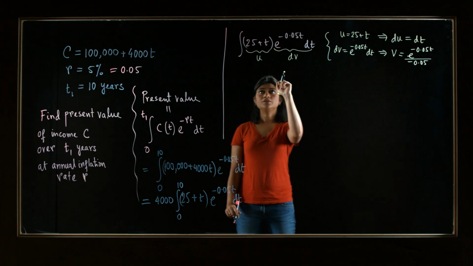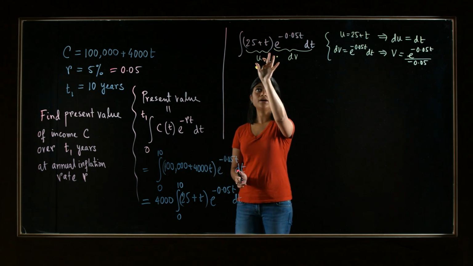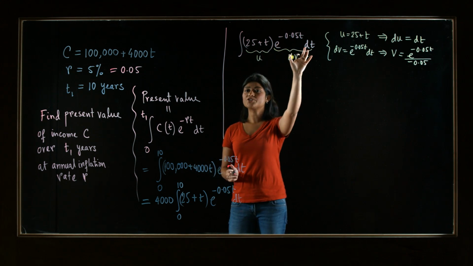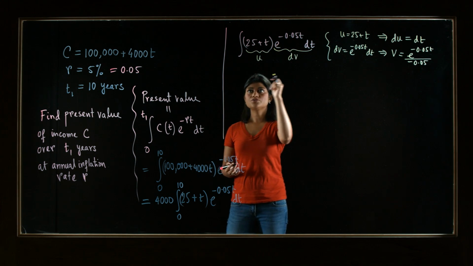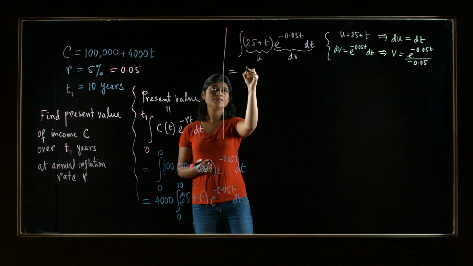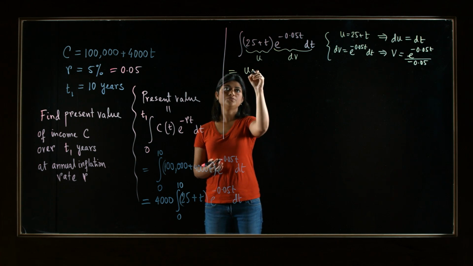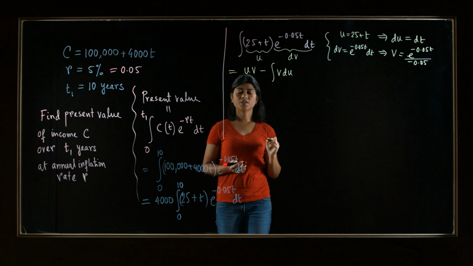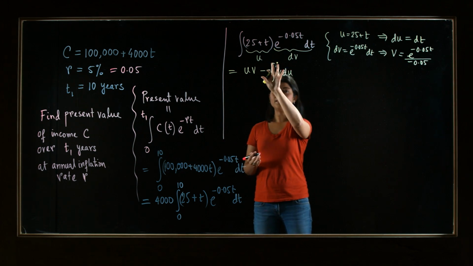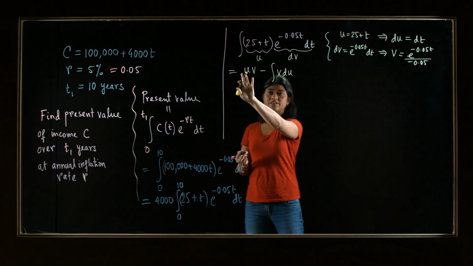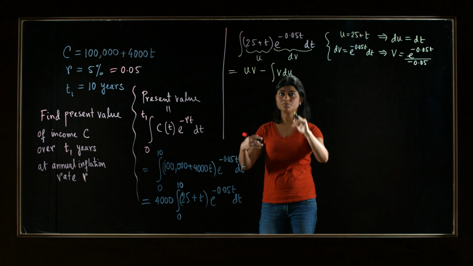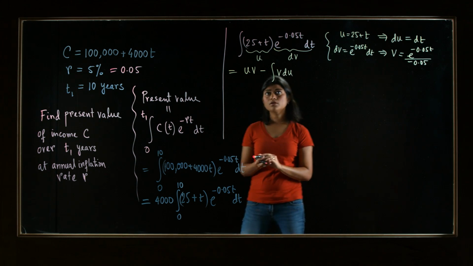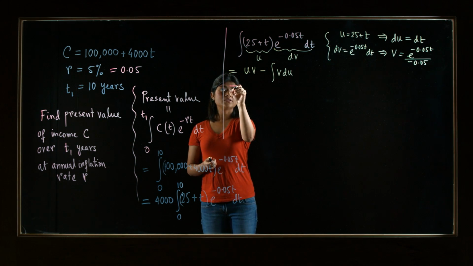So we are using integration by parts, and now we have this entire expression written as u dv. So recall the integration by parts is, this is equal to u v minus integral v du. So now we just plug everything in that we have found here in place of u, v, and du, and then we solve the integral. All right, so let's see.